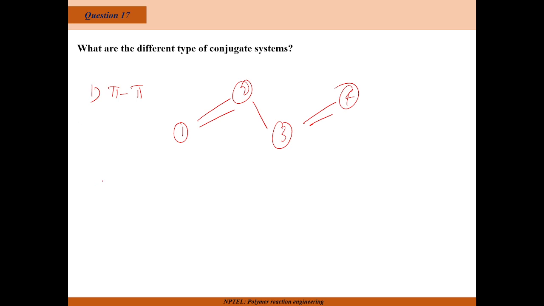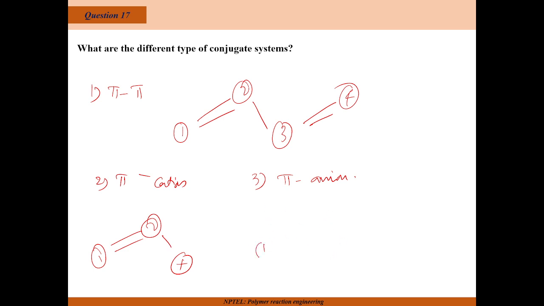The next one is pi-cation conjugation. In pi-cation conjugation, you have 1, 2, and 3. Here it will be a pi bond, and at position 3 it will be a cation. Similarly, the other one is pi-anion conjugation: on one side it is pi, so we have 1, 2, and on the other side it is an anion. The fourth one is pi-lone pair conjugation.